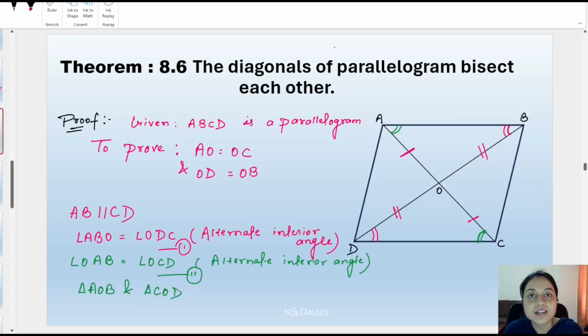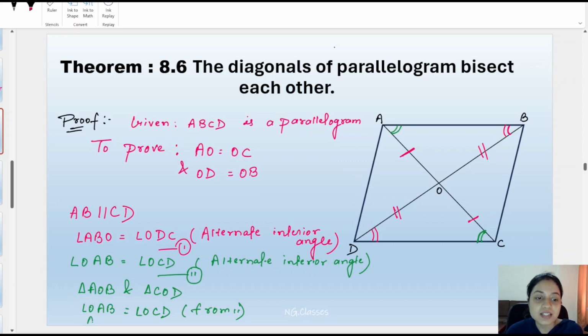We can see here that in triangle AOB, angle OAB is equal to angle OCD, from equation 2. We can also see that side AB is equal to side CD, since we have a parallelogram ABCD whose opposite sides must be parallel and equal to each other.